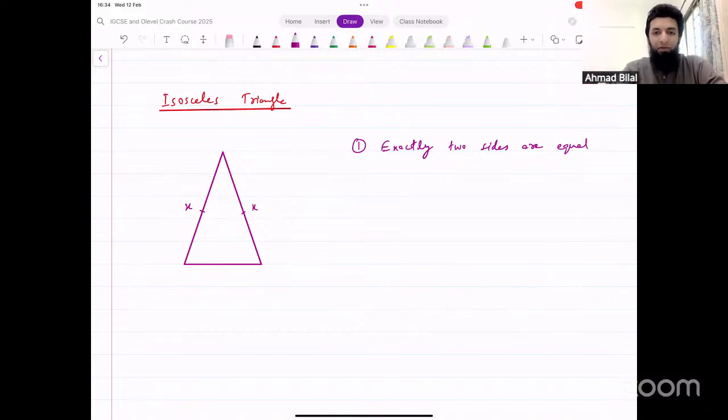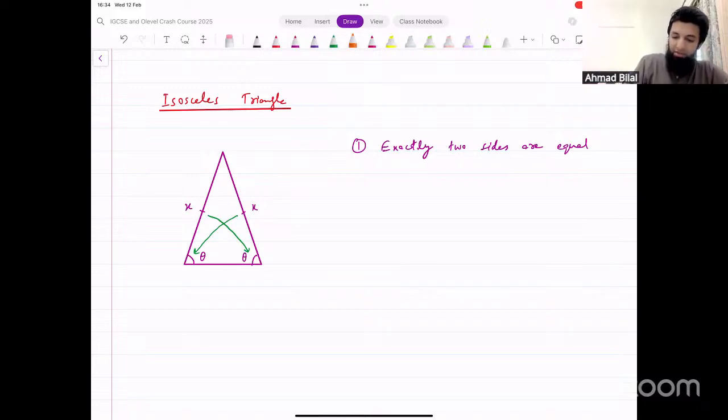Now, in an isosceles triangle, two angles are also going to be equal. The angles opposite to this side and opposite to this side are also going to be equal. So if I call one of them theta, then the other is also going to be theta.